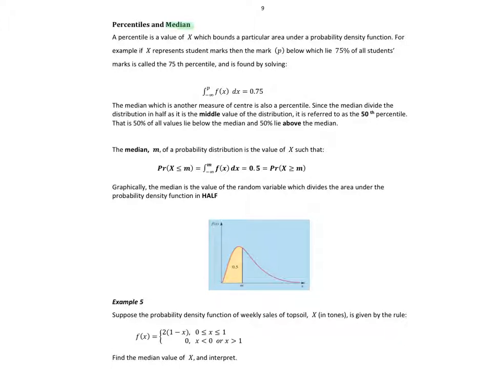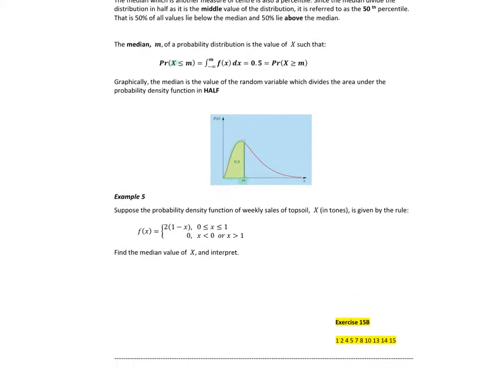So, for example, the 75th percentile suggests that the area under the curve is going to be 0.75. Our median, that's the value there for m, where half of our data under the curve lies. In other words, the probability is equal to 0.5. So that's what my median is.